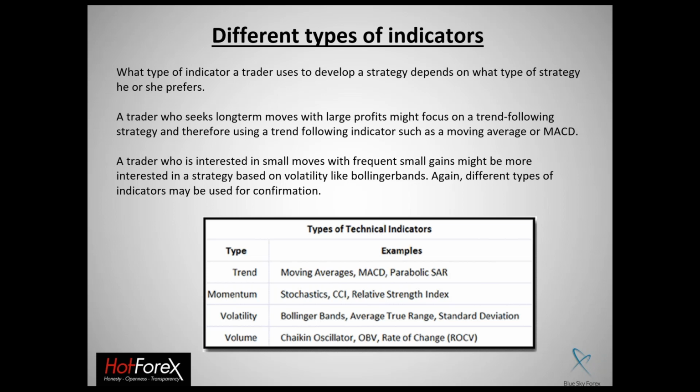And also you have the volume indicators below. Okay, so you see different types of indicators, the ones whose calculations are based on trends, movements, momentum, volatility, and volume. There is also a different way to categorize the indicators, which I will show in a moment.